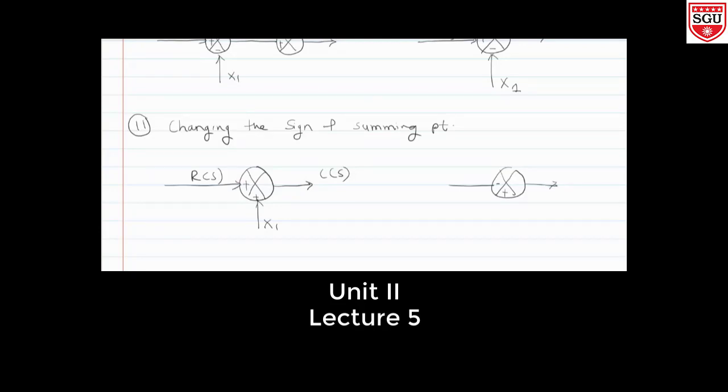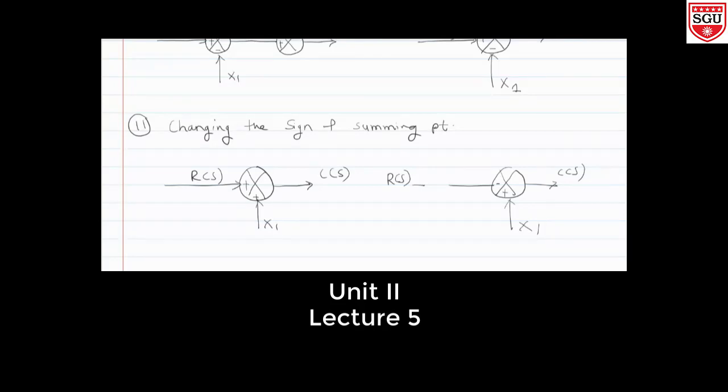So what do you think, when is it possible without changing the result? What do I have to do? I want the answer now. Tell me the answer fast. I am changing the positive sign to a negative sign. If I want to change the sign from positive to negative or negative to positive, by which factor do we multiply?